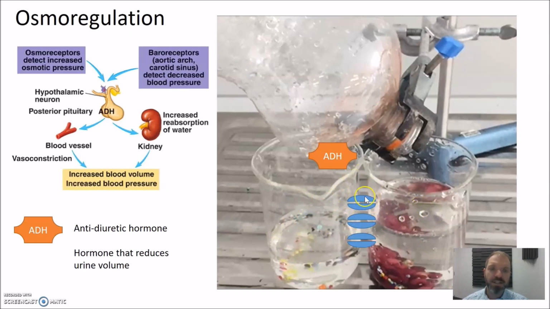One of the ways it does this is it increases the number of aquaporin channels between those. We know that water can diffuse across membranes because it's small enough, but because it is slightly polar, it's not a super efficient process, and so the movement of water across can be increased by putting in the aquaporins, which are water channels, and that will increase the rate of water reabsorption.